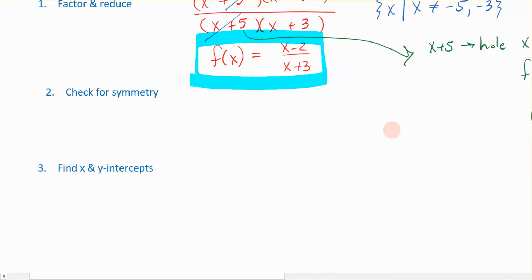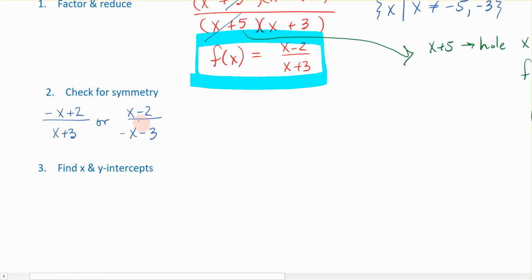Now we're going to talk about symmetry. Remember, we're going to replace x with a negative x and see what happens to the resulting fraction. So I'm either going to get negative x plus 2 over x plus 3, because that's the change in signs for the numerator, or I get x minus 2 over negative x minus 3.